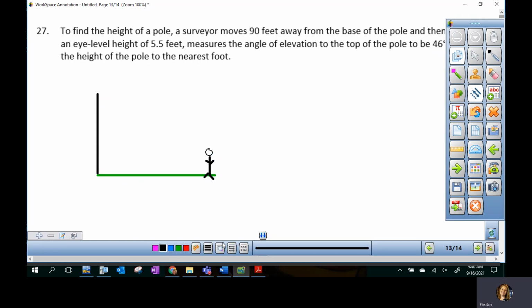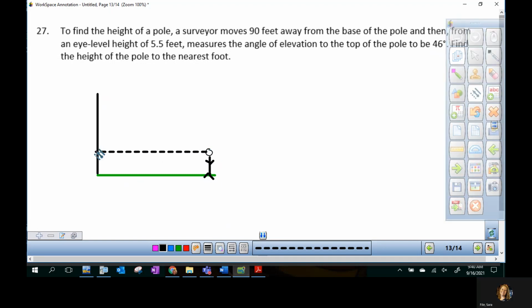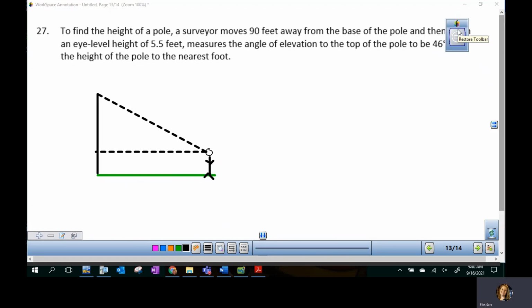Okay. So it says from an eye level height. That's his eye level. From there to the top of the pole, the angle of elevation is 46 degrees.